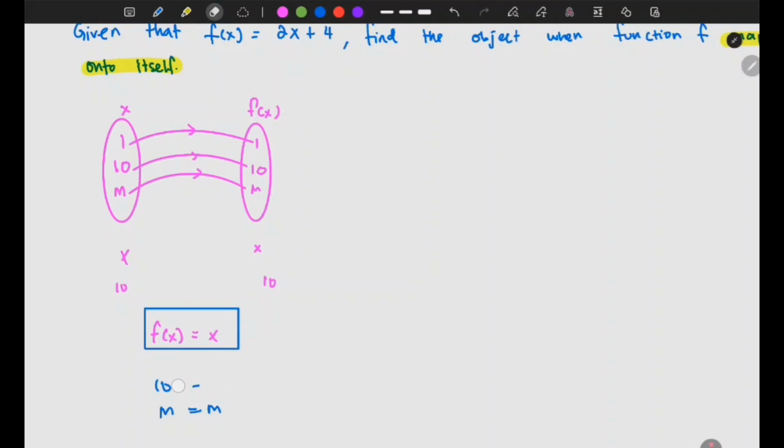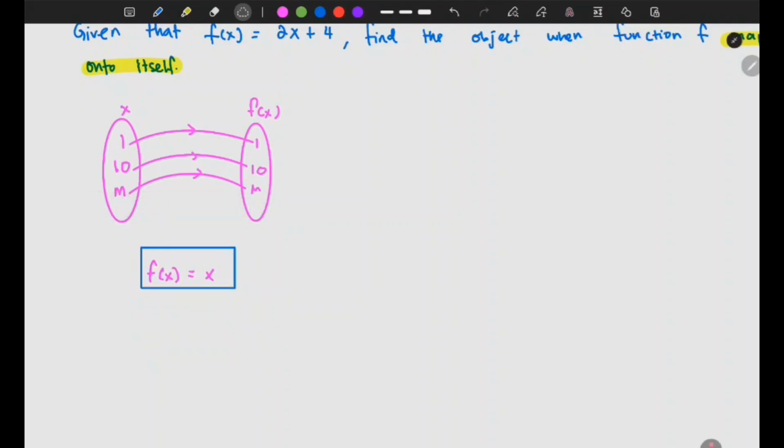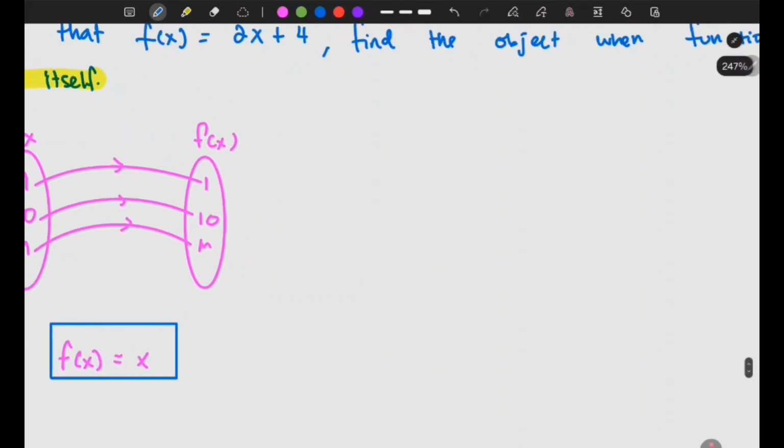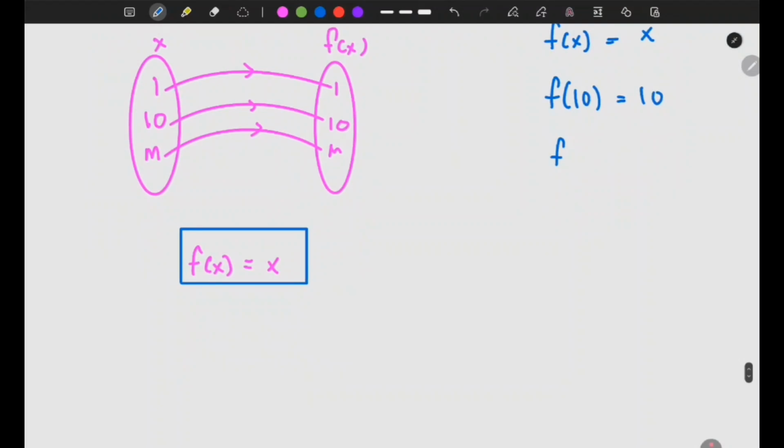So this would be my key, or a clue, for my next step for workings. I know when they say map onto itself, no matter what, my f(x) is always equal to x. It will be the same thing. Correct or not? If here is f(10), here will be 10. When my x is 1, my f(x) will be 1.